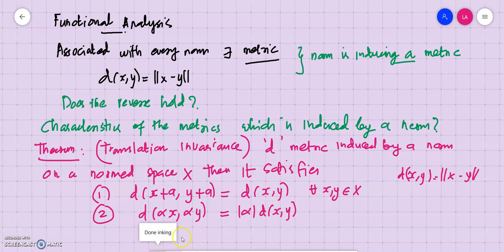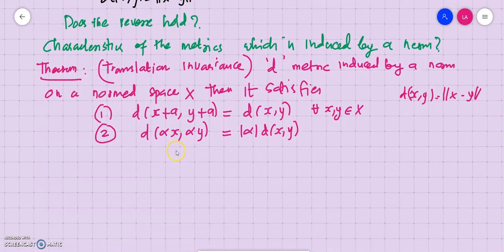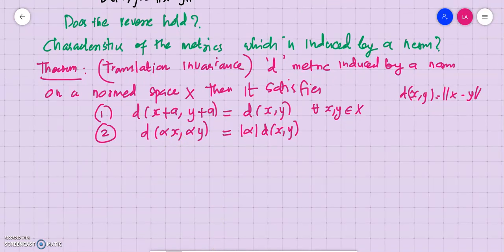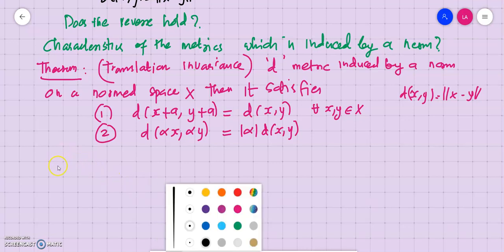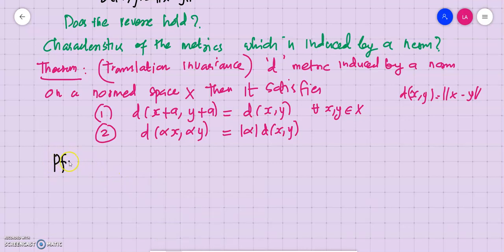We have to establish that these two properties are satisfied by a metric induced by a norm. The proof is quite simple. We know that the metric induced by the norm is of the form d of x, y equal to norm of x minus y.